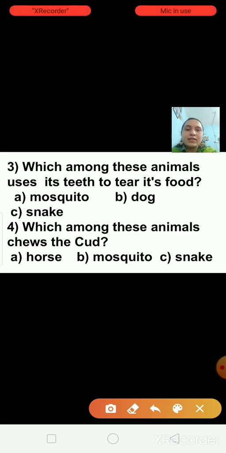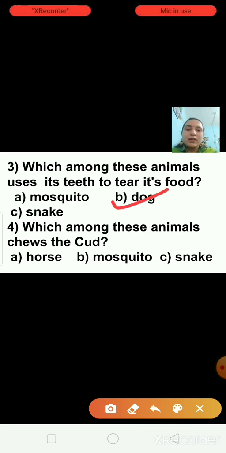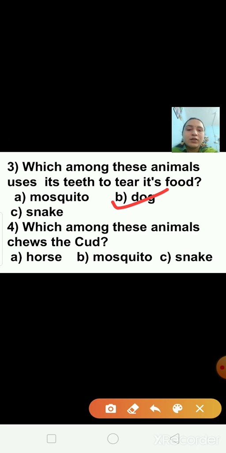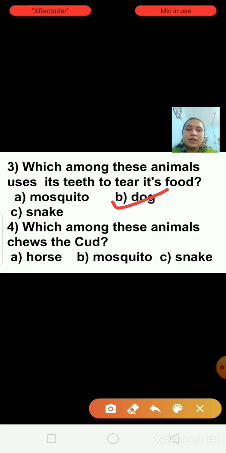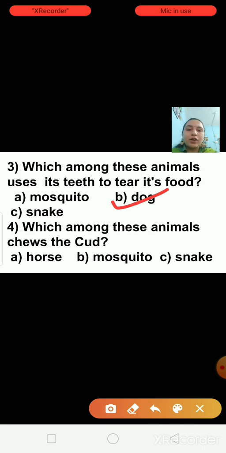Yes, the right answer is dog. Because mosquito has a strong, hollow tube-like mouth. It sucks the blood, and snake does not have teeth. So the right answer is dog. Dog uses its teeth to tear the food.